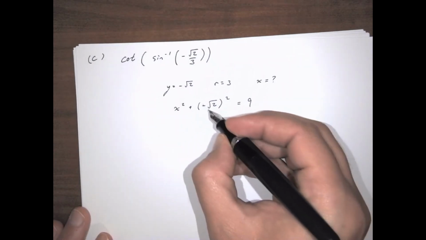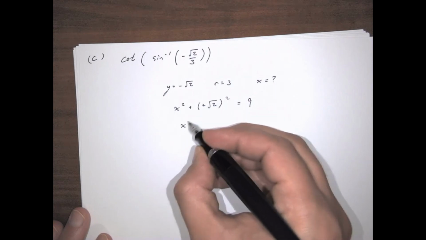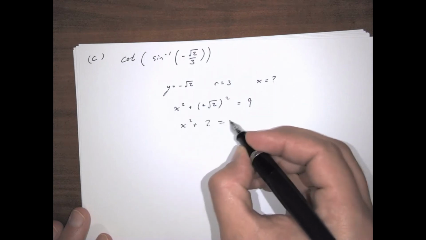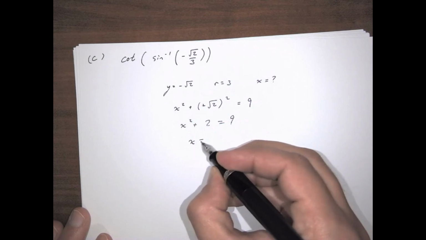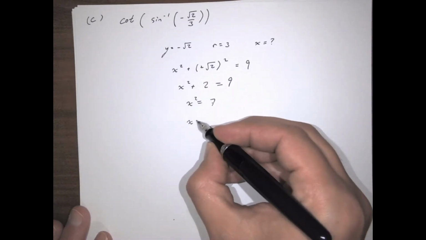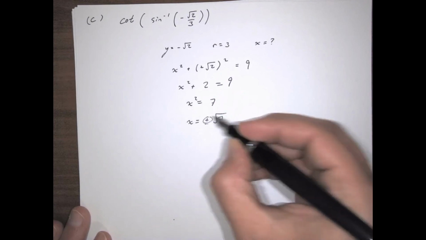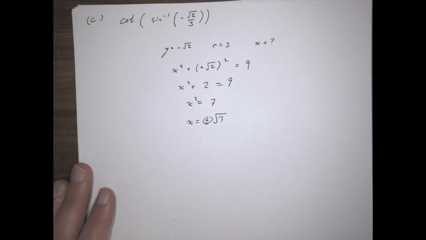And in this, the negative will cancel, and also the square root will cancel. And so this is x squared plus 2 equals 9, which means, in other words, x squared equals 7, which then means that x equals plus or minus square root of 7. And here, we're almost always going to be choosing the positives on this.